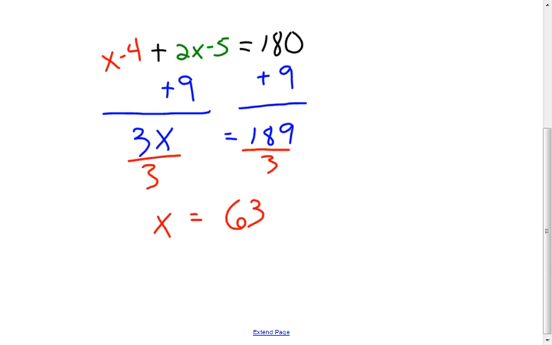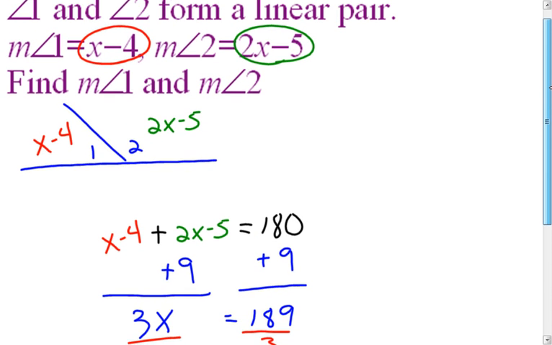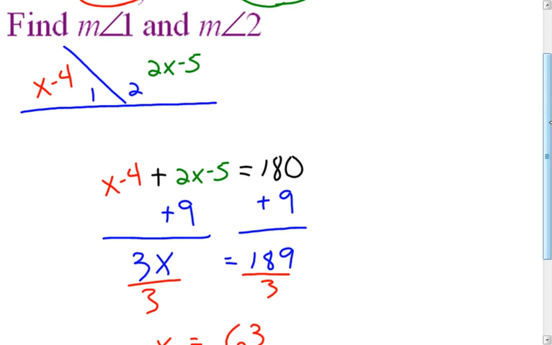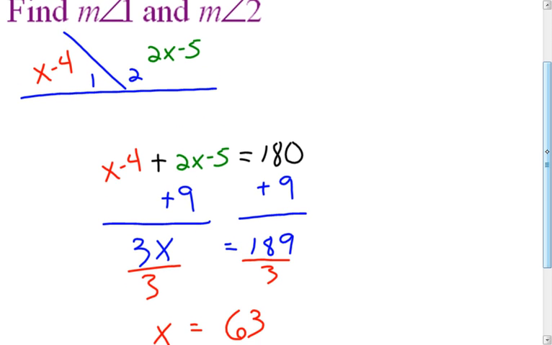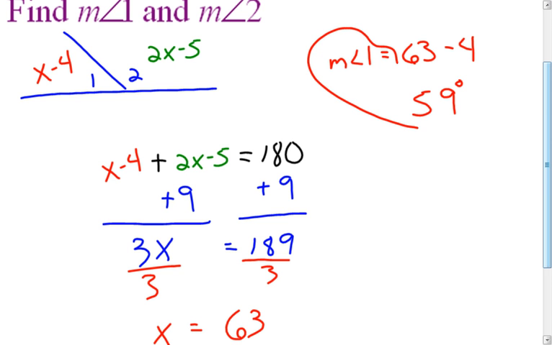Well, now, go back to my problem. It asked me to find the measure of each one of those angles. So I'm going to take the measure of angle 1, which is x minus 4, and x I just found to be 63, so I'll do 63 minus 4. The measure of angle 1 is going to equal 59 degrees.